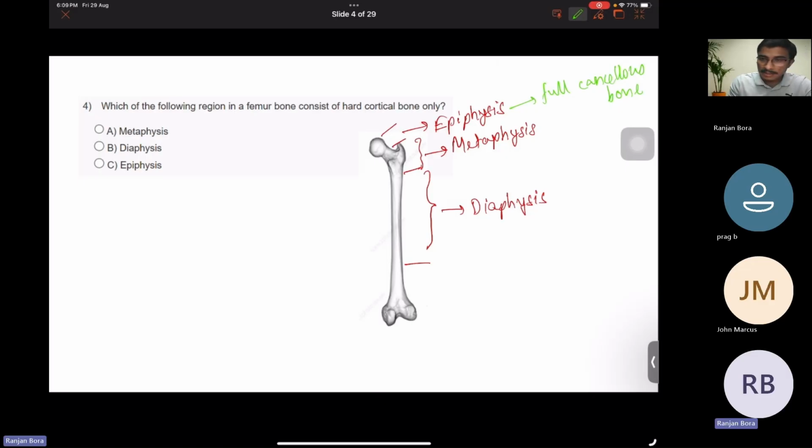And metaphysis is a mix of cancellous and cortical. And the diaphysis is hard cortical bone. So option B is correct.